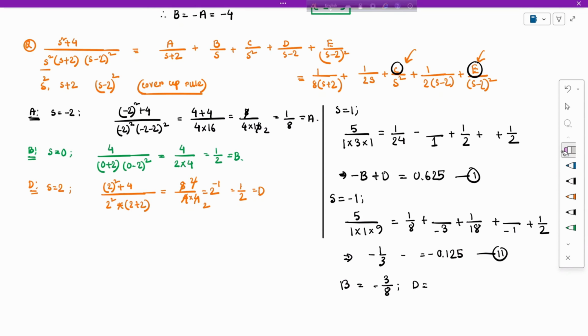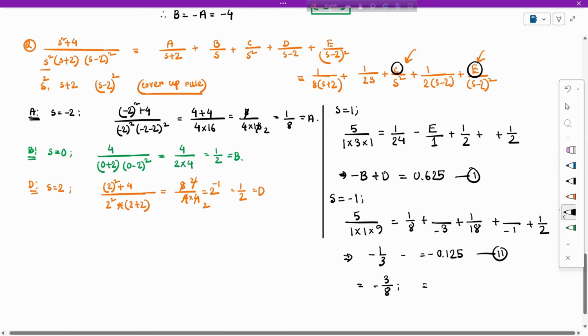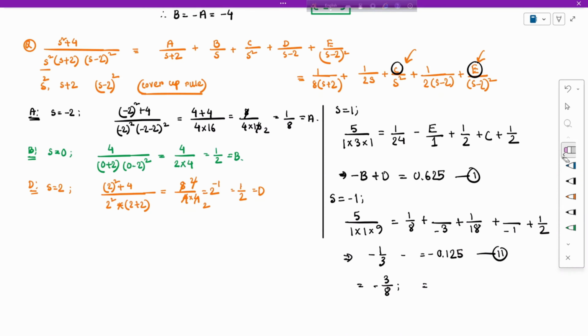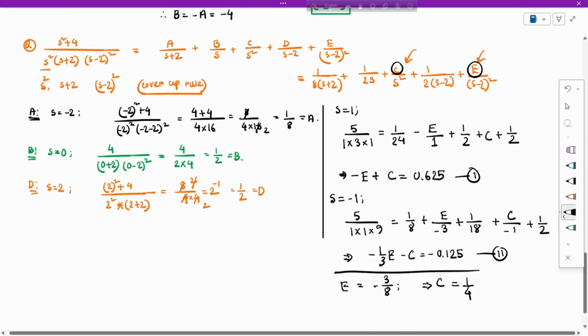I misplaced the values, so this here is going to be e and this is going to be c. Similarly here, this one is going to be e, this is going to be c. Okay, so the value of e is -3/8 and the value of c is 1/4, and that's your answer.